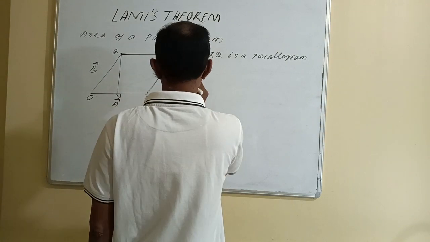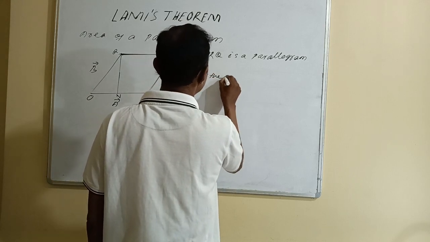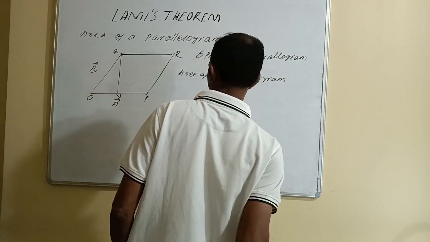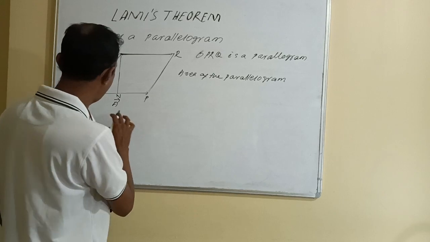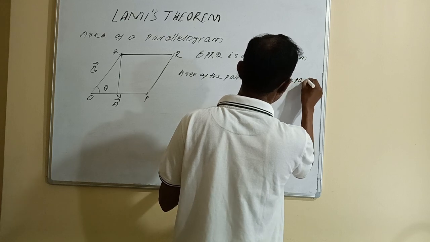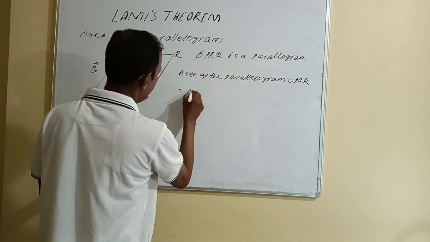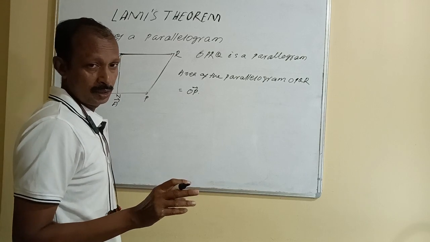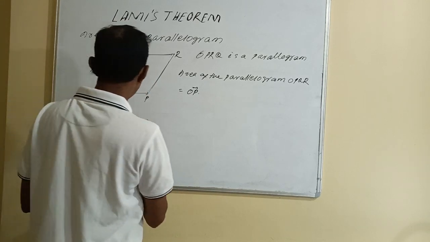So here, the angle between A and B is theta. The area of the parallelogram OPQR is the product of OP and QN. This is a scalar product because the area is a scalar quantity.